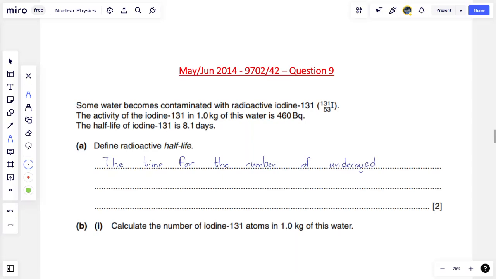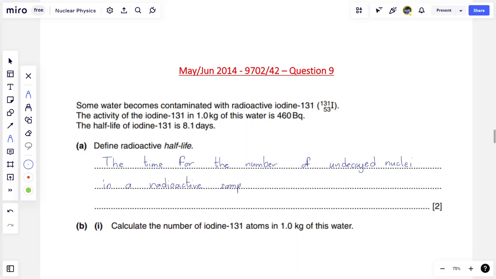Now, there might be a simpler way to write this, but I want to be very correct when it comes to definitions and statements and laws and so on. So try to remember them and write them in a simple, correct way. So it's not simply the number or half the number of radioactive atoms.